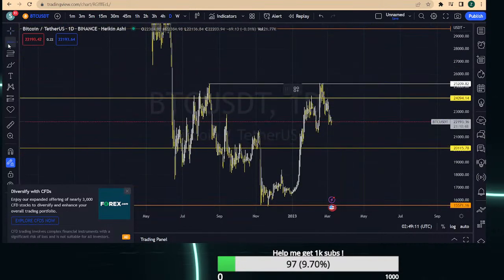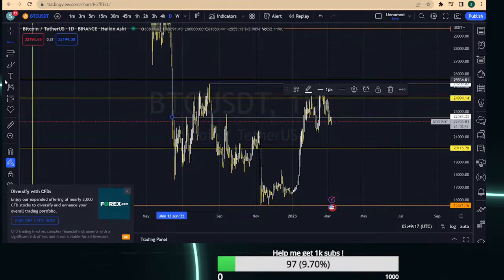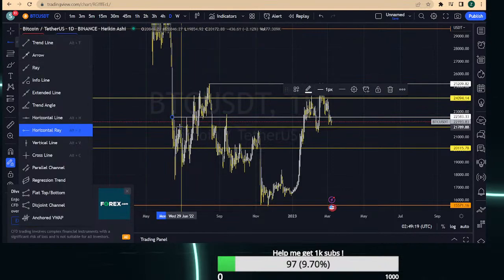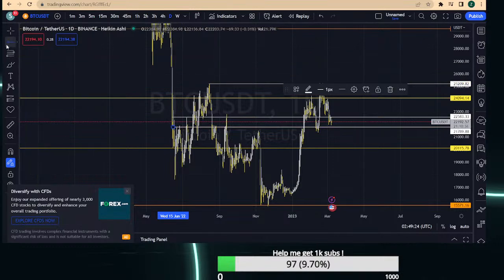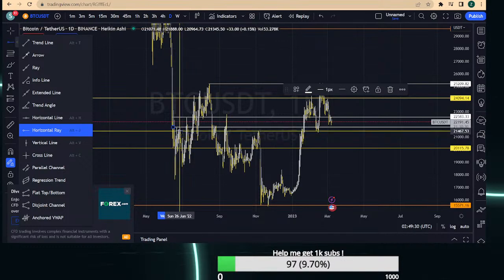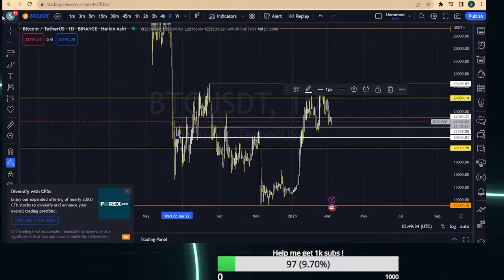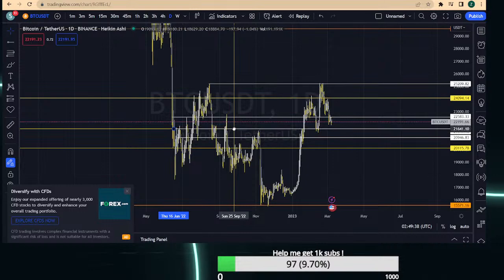And now finding our local lows. So let's say this one here. Here as well. That one can be adjusted as well, actually. I'm looking at it. Come down right about here.